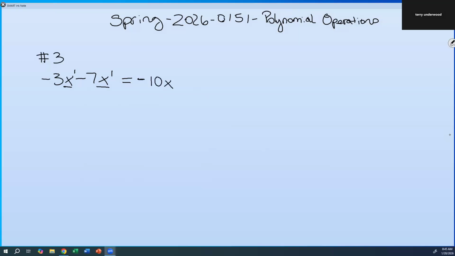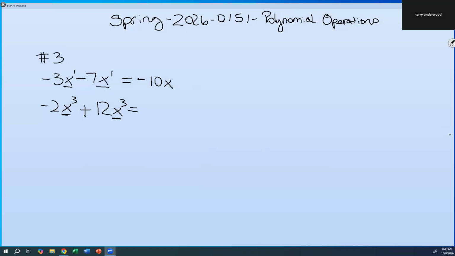Now, let's do an addition. Imagine you have negative 2x cubic plus 12x cubic. Again, the only reason we can add these two terms is because both have the same variable, the same letter x, and both are raised to the same power, the third power.